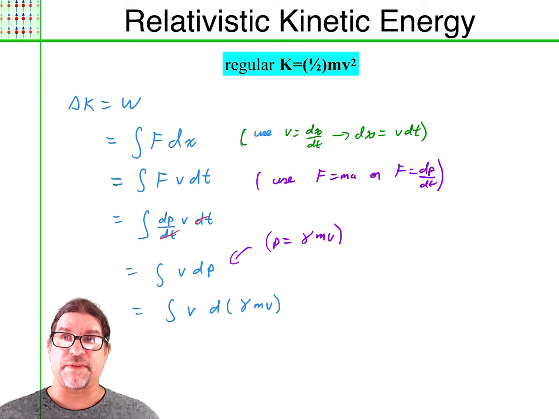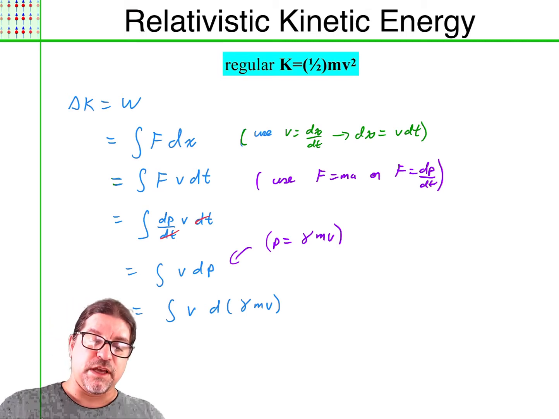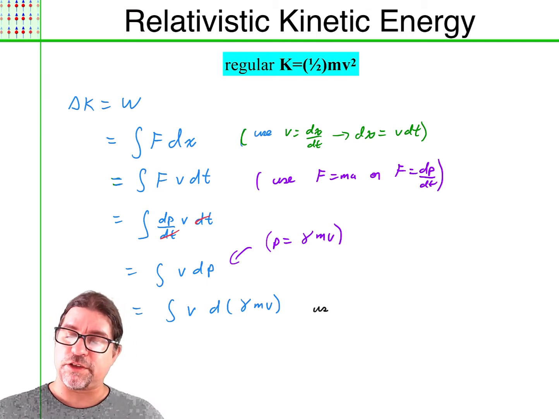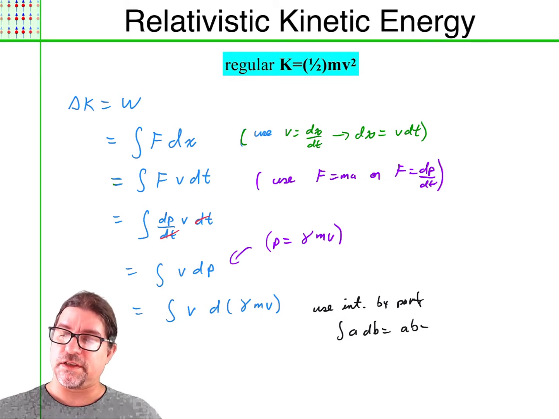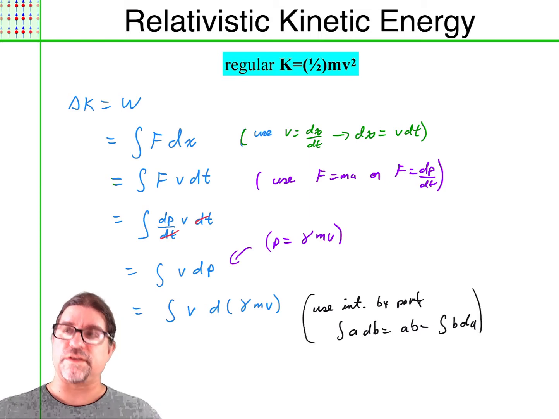The m is something that we can pull out because that's just a constant. What I'm going to use here is integration by parts. If you remember integration by parts, one way to write it is the integral of a db is equal to ab minus the integral of b da. So that's one way you can write it.